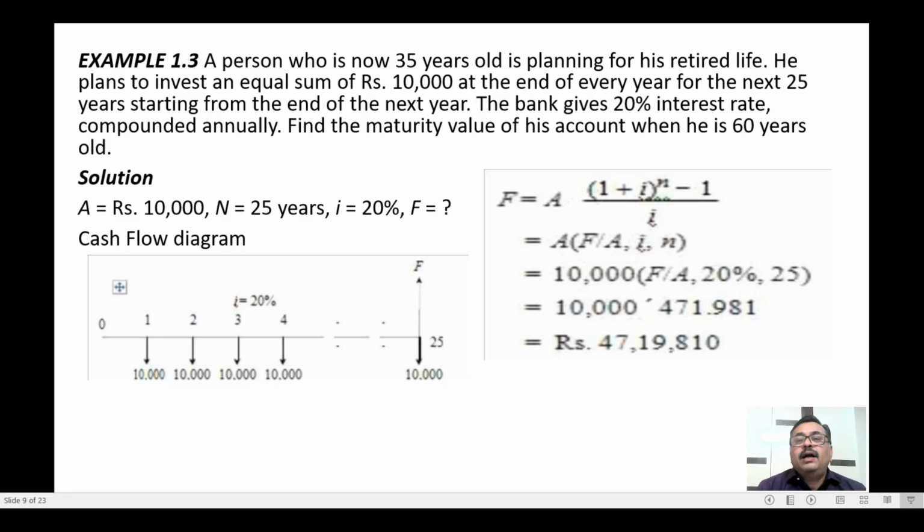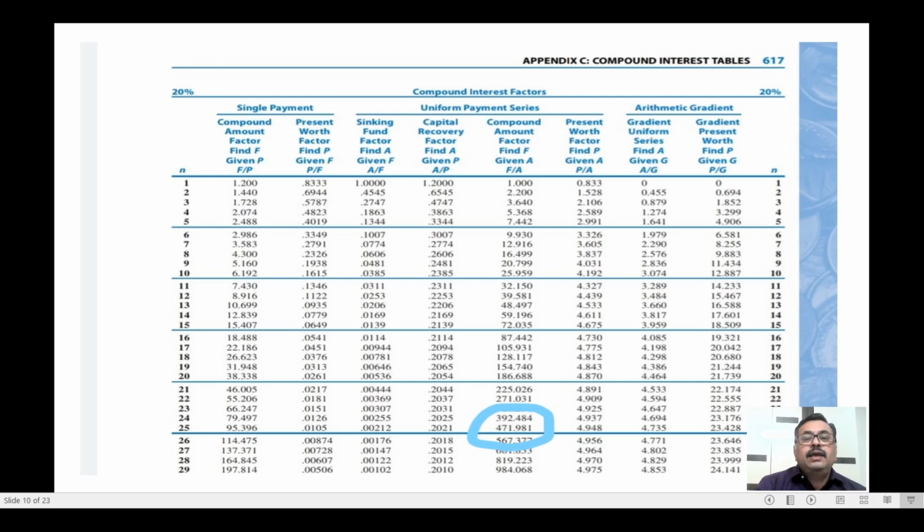I is known, that is 20% interest rate, and N also is known, that is he is saving for 25 years. Then from the table you have to go to the F by A table for 25 years and 20%. Okay, let us go to the table and see what has been given here.